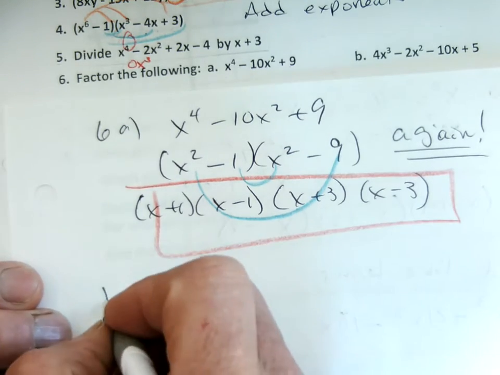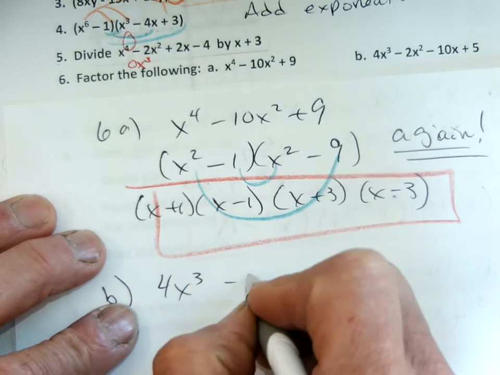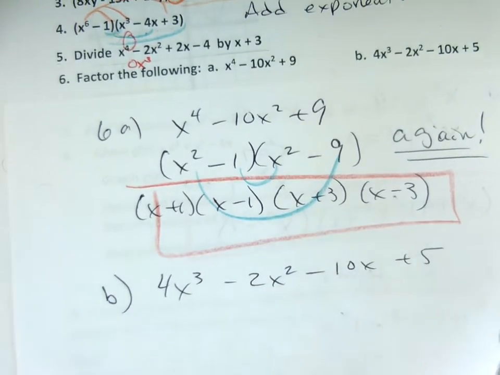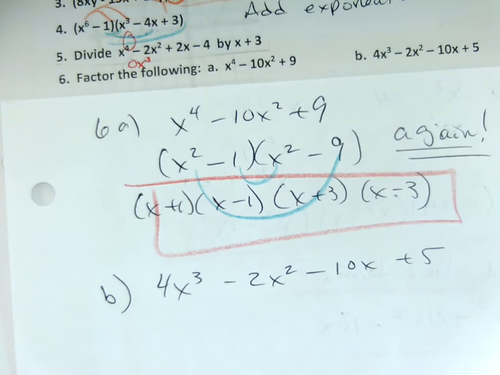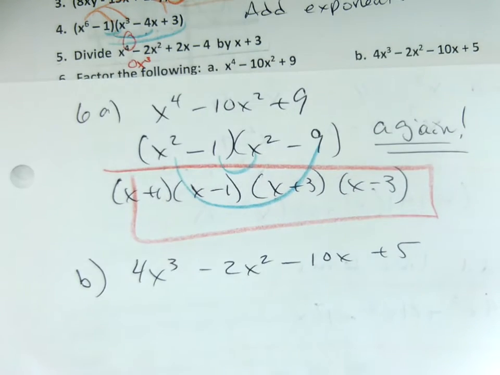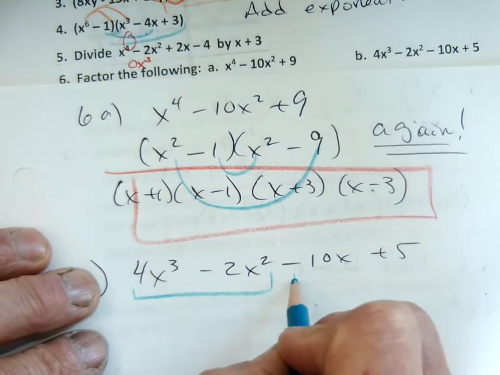I'm going to write down b while you guys are getting ready: x cubed, 2x squared minus 10x. There are 4 terms, so whenever I have 4 terms, I like to do it by grouping.